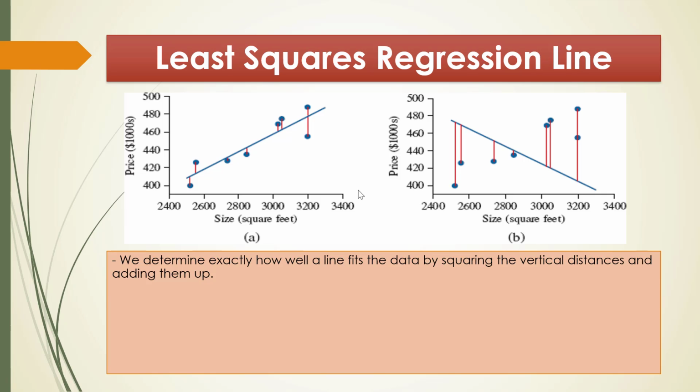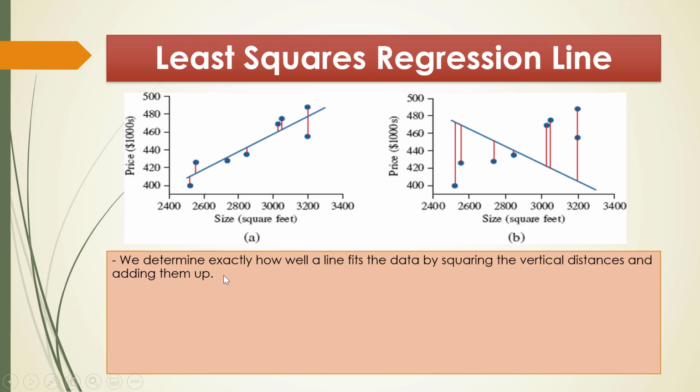We determine exactly how well a line fits the data by squaring the vertical distances and adding them up. If we just add them up without squaring, some positive and negative numbers might cancel out and give a very small error, which is incorrect.